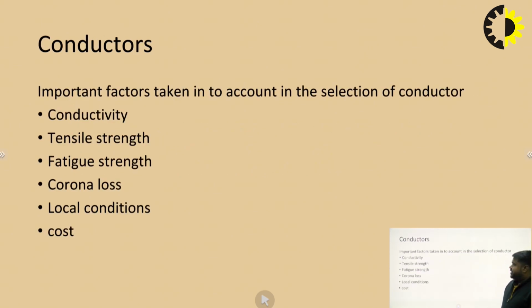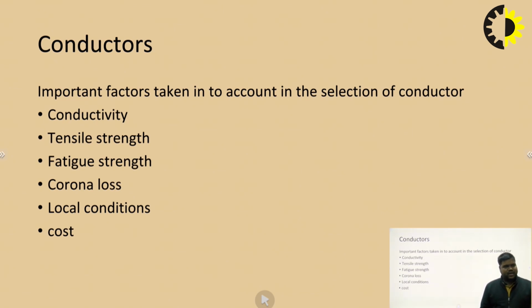Now we will see the conductor. These are the important factors taken into consideration while we select a suitable conductor, the specified parameters based on which we may choose a suitable conductor depending upon the application in the power system.